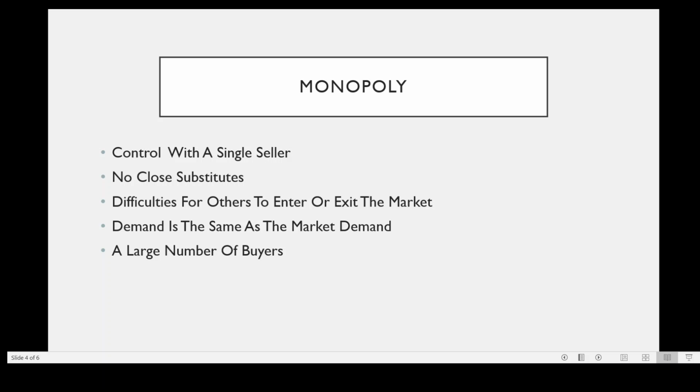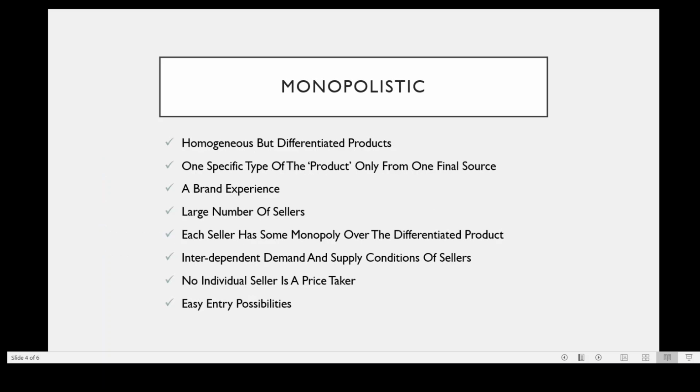There might be a large number of buyers, but there is only one seller. Nevertheless, one must understand that he cannot charge whatever he wants because the market will resist. Even though he is a solo seller, there could be market forces that resist any price upward movements, and therefore the monopoly seller has to be conscious of this.